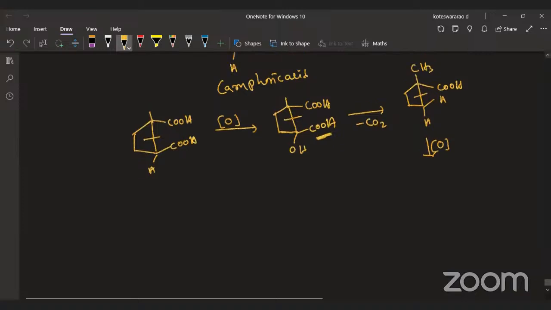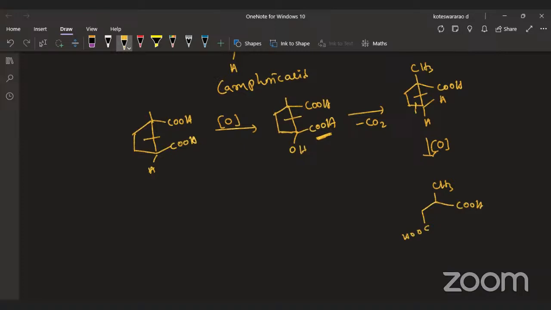During the oxidation, this sigma bond will be broken down. That leads to the formation of CH3, COOH, COOH.